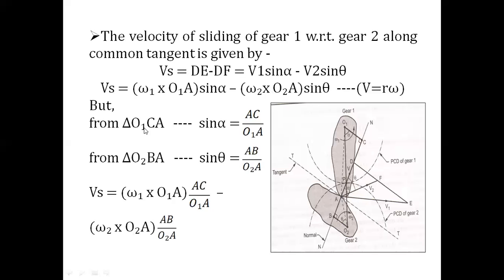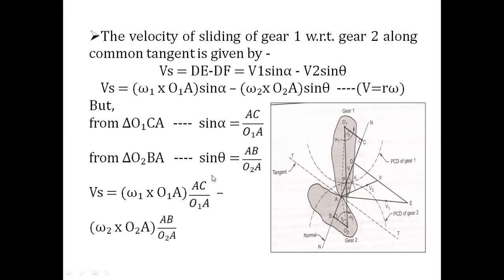But from triangle O1CA, this triangle, where this angle is 90 degrees, applying the trigonometric relation, sine alpha is equal to the opposite side AC divided by the hypotenuse O1A.